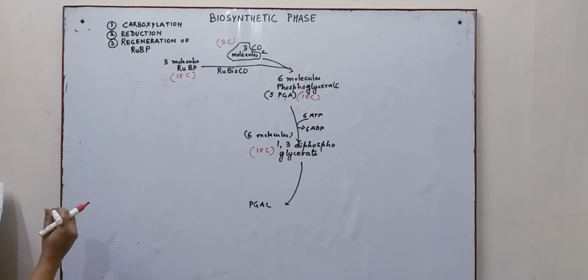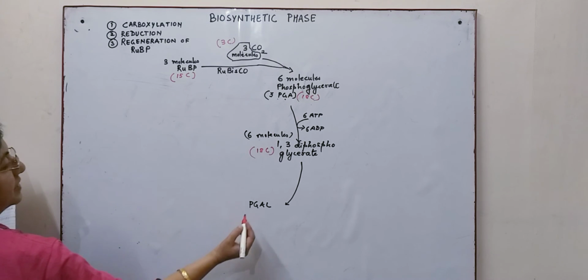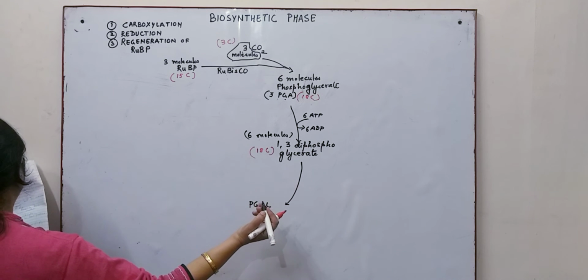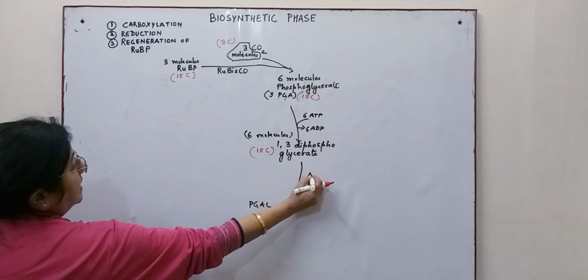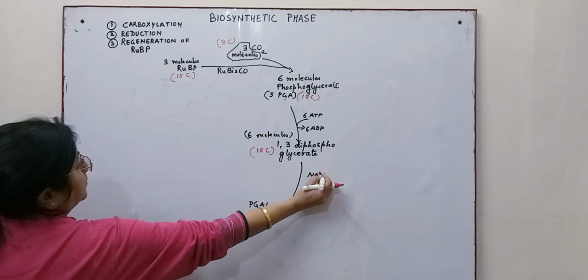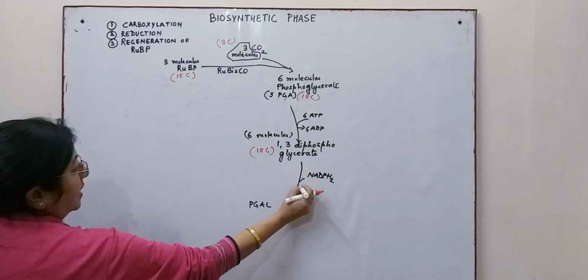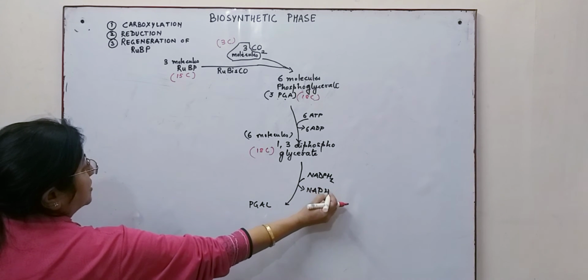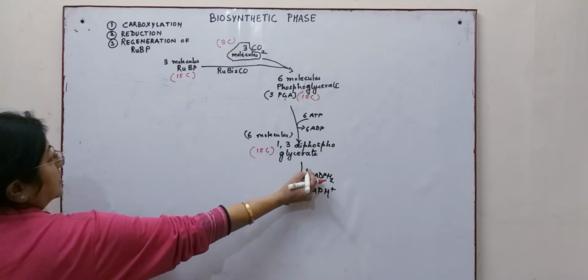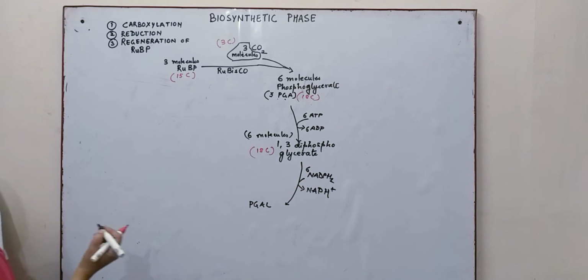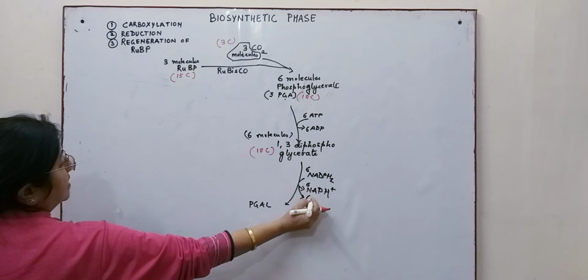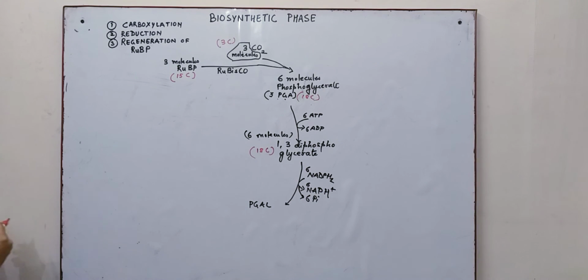Over here, reduction is done with the help of NADPH2. Here 6 NADPH2 are being reduced to 6 NADP, and then 6 inorganic phosphates are released.